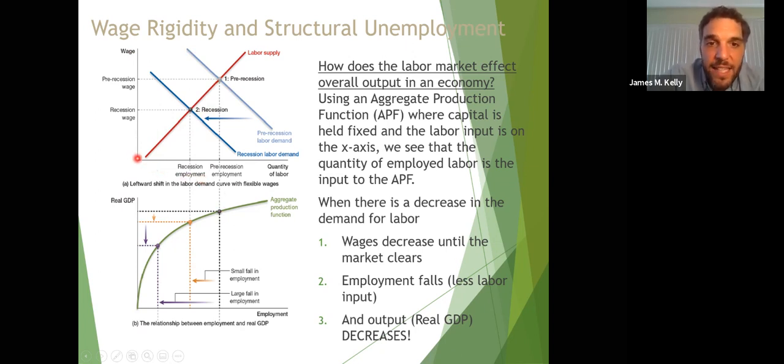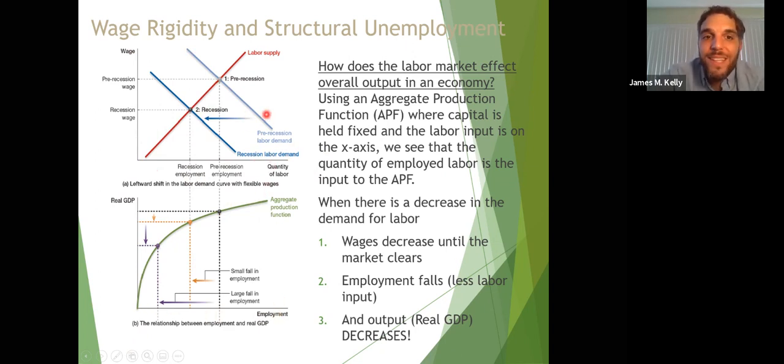Importantly, on the x-axis of both these graphs is the amount of employment, the quantity of labor. The reason these graphs are stacked on top of each other is because the x-axis is measuring the exact same thing.